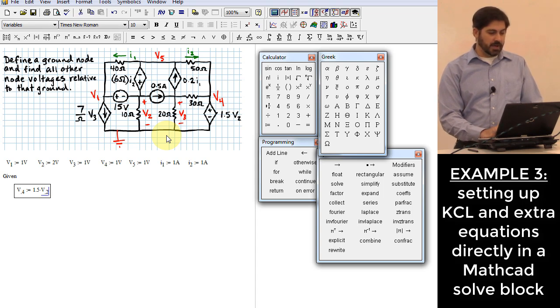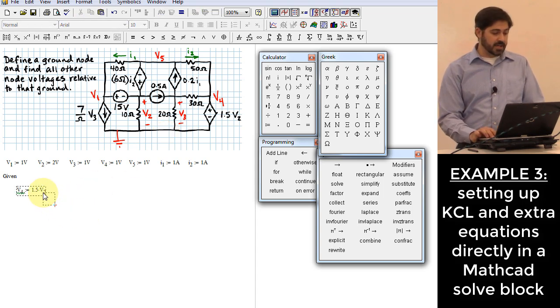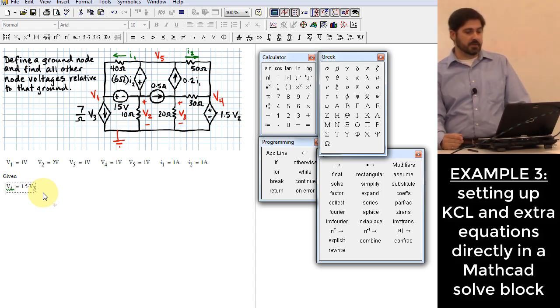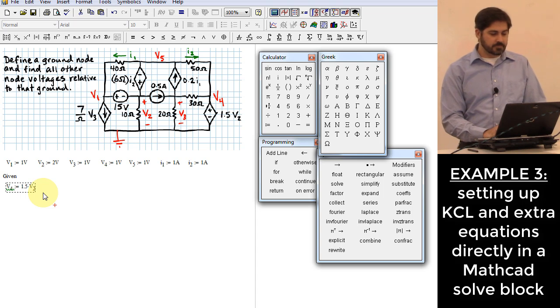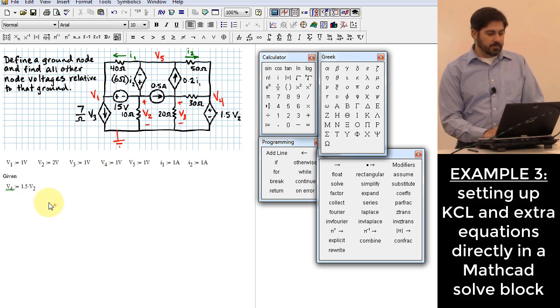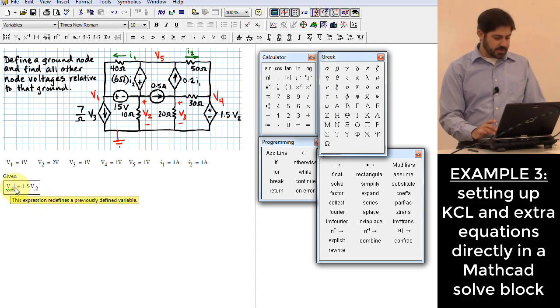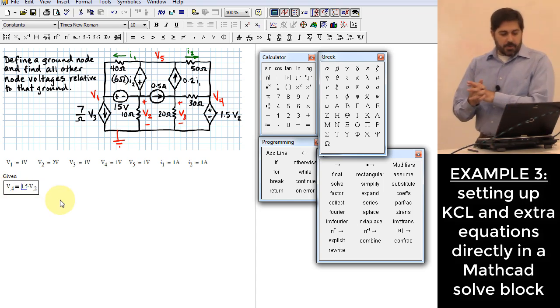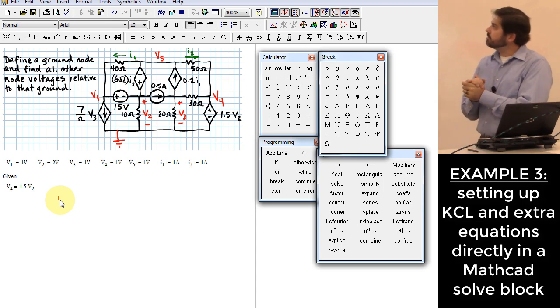Sweet, I got one of my equations. It's not a nodal equation, it's not like a KCL equation, but that's an equation that applies to this system, right? All right, oh, and I used the wrong kind of equal sign right here. Now I've got the right one. Okay, what else?